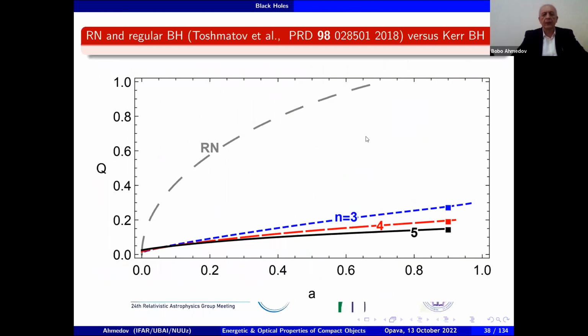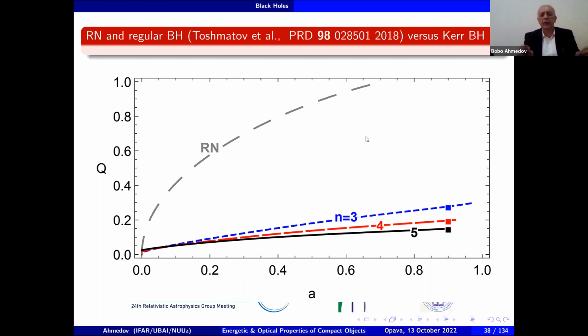Okay, so then we were working with different types of solutions for the black hole. One of them is the regular black hole which we call the Maxwellian black hole, and this black hole is the solution of the Einstein equations which are coupled to nonlinear electrodynamics.